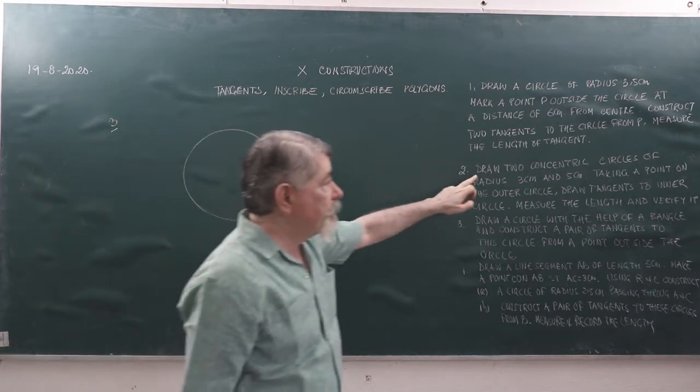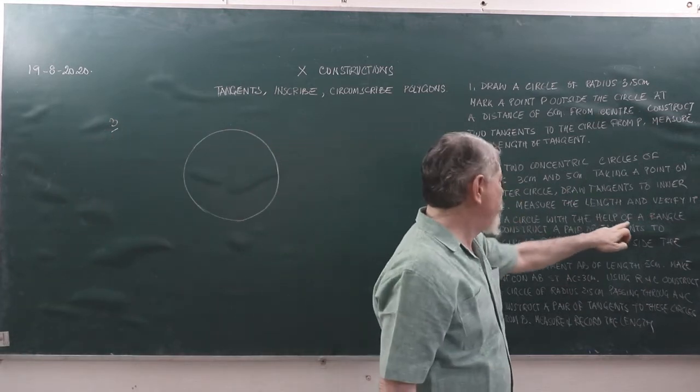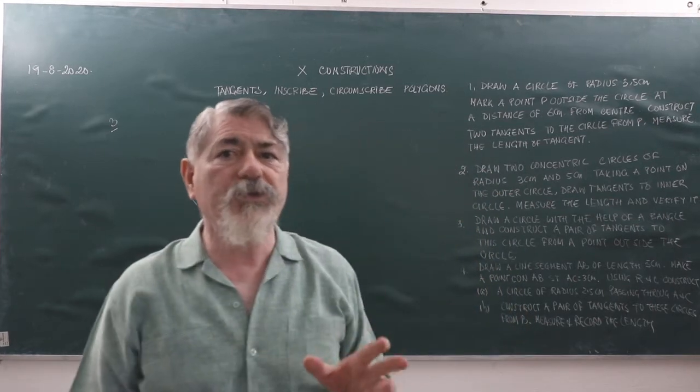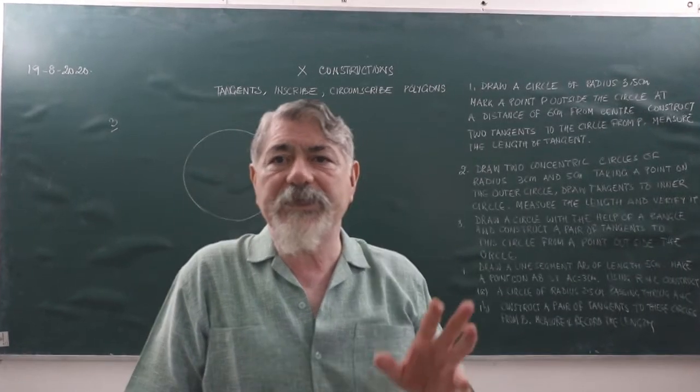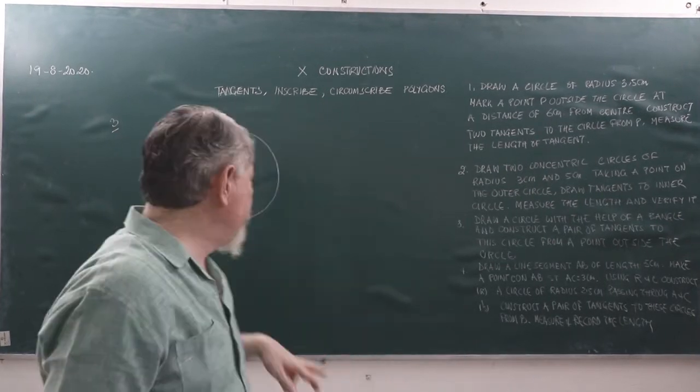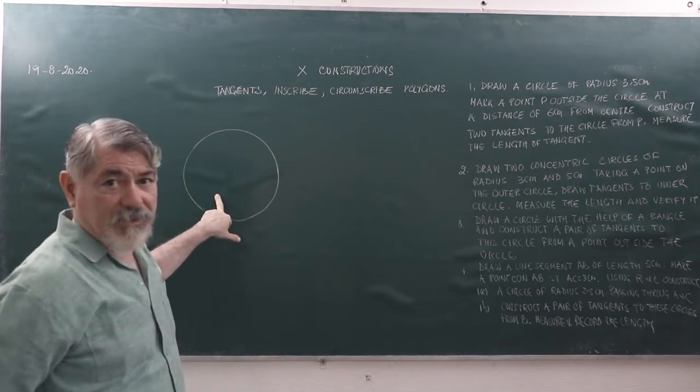The purpose of drawing a circle with the help of a bangle is that you don't know the center. When you're drawing a circle otherwise with a compass, then of course you will know the center of the circle.